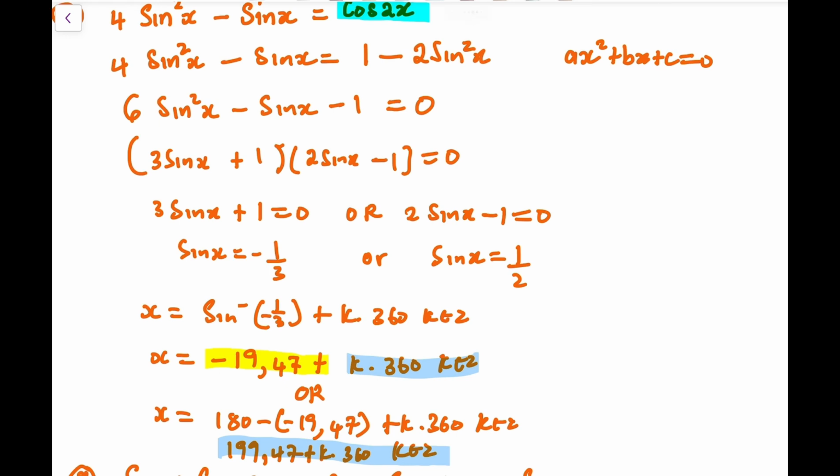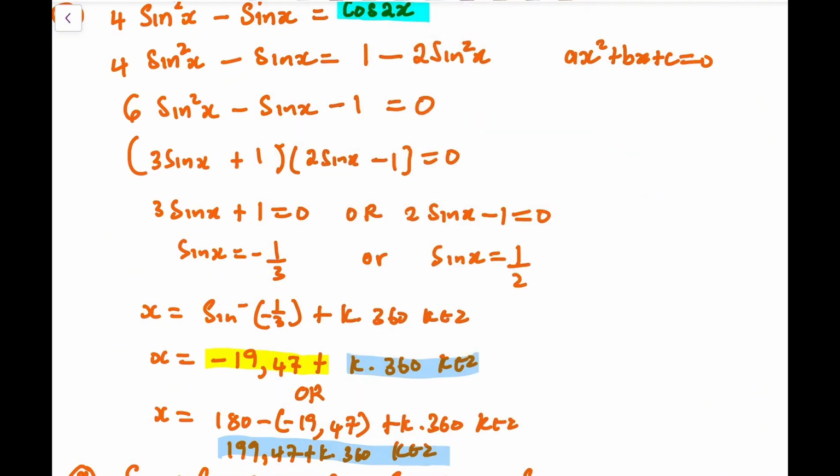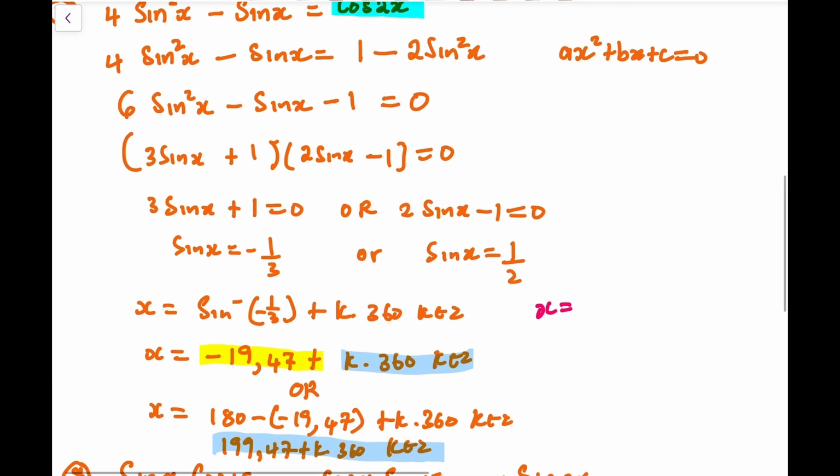Sine x is equal to 1 over 2. So here you will say x is equal to arc sine of 1 over 2, plus k multiplied by 360. K represents all integers.